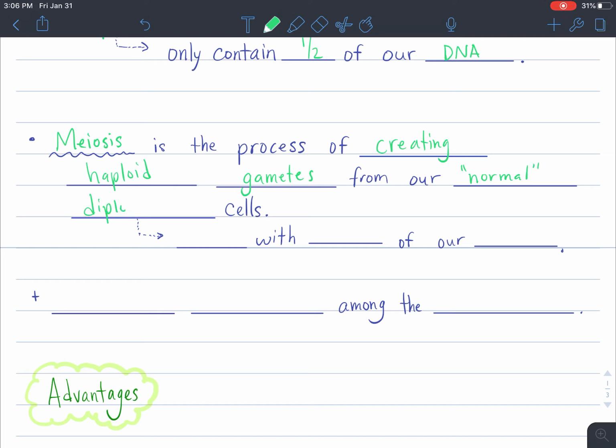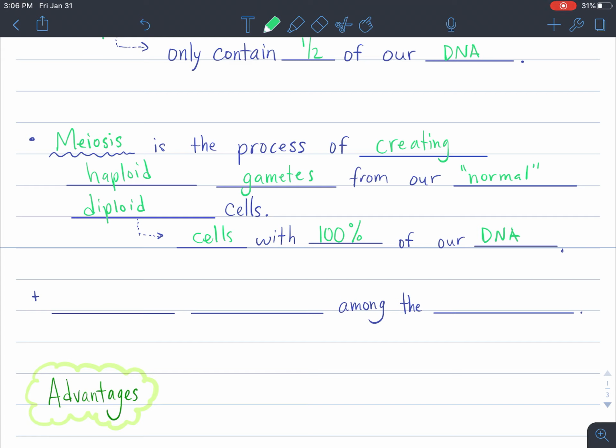So that's like all the other cells in our body. For example, in the biological male body, the testes are what have those diploid cells that get turned into the haploid cells. Remember, diploid cells are our cells with 100% of our DNA.